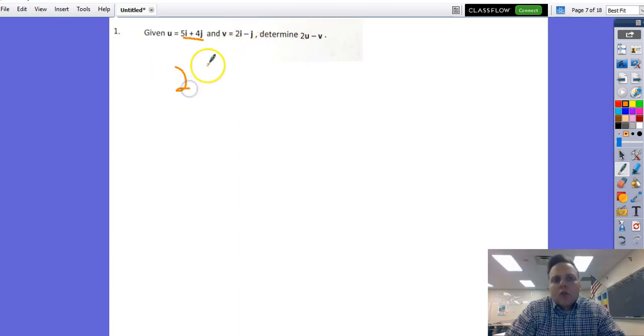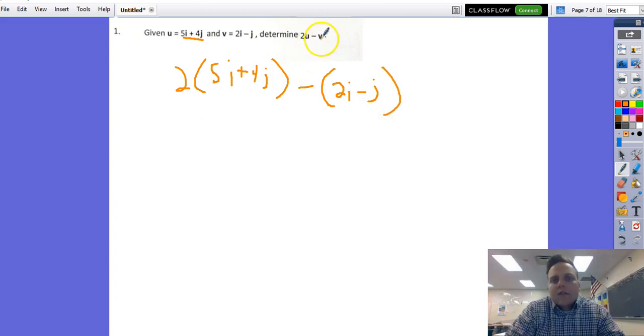So we have 2 times, in parentheses, 5i plus 4j, minus, and I'm going to put v in parentheses as well. The reason I'm putting v in parentheses is because a lot of us will forget that this minus sign distributes to everything in v. So by putting v in parentheses, maybe that'll help remind us, okay?